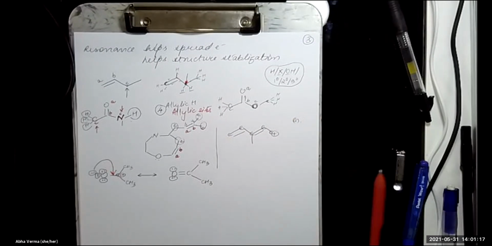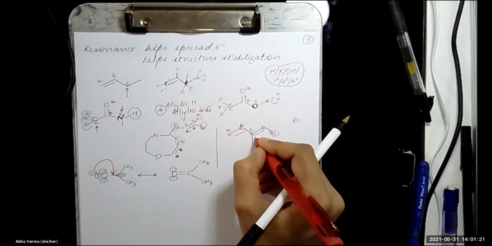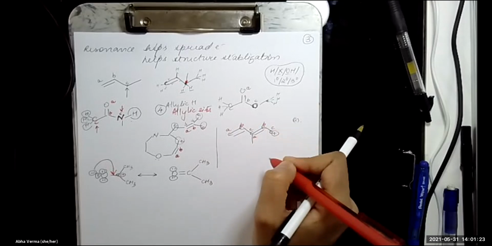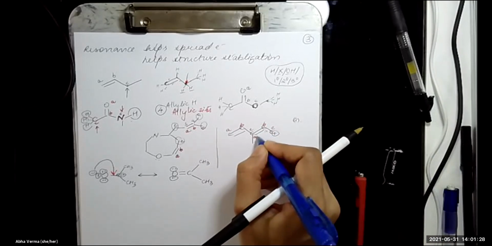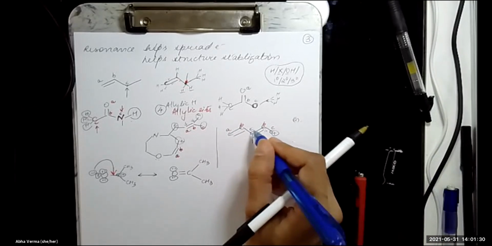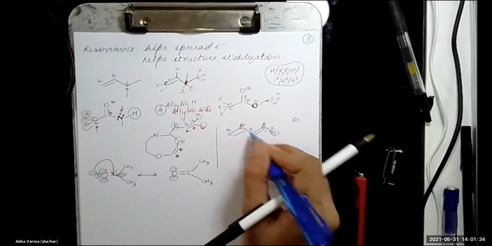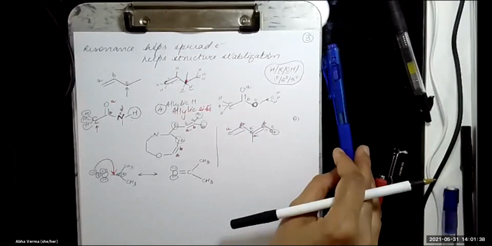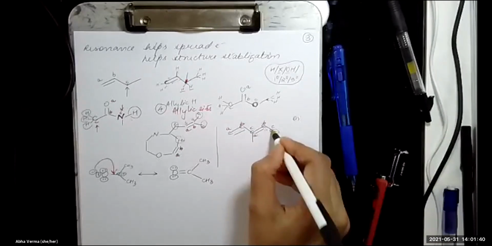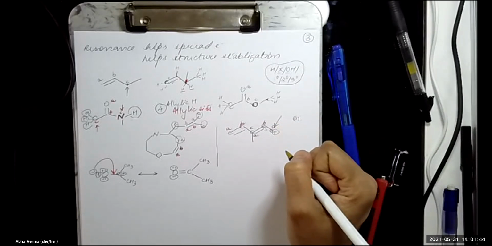Yes, we do. There is A, B, C, A, B, C, and we also have A, B, C. But these C's are useless as allylic. They will be more of a vinylic kind of a system. So the only useful allylic site is this carbon.